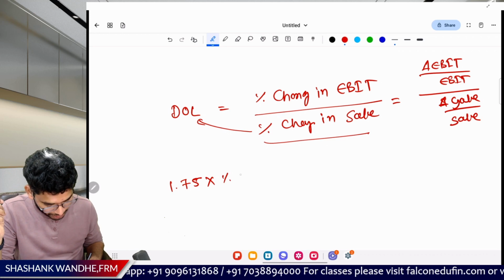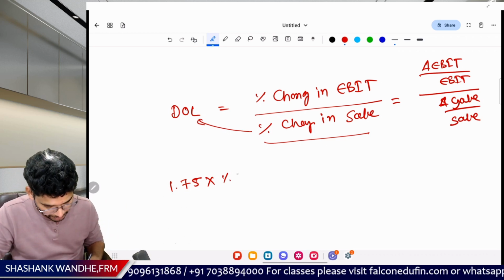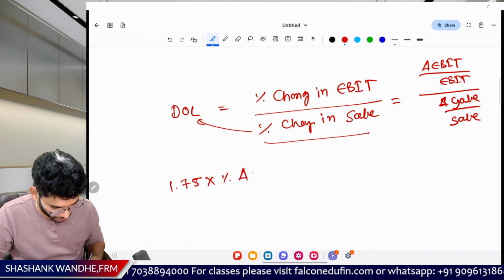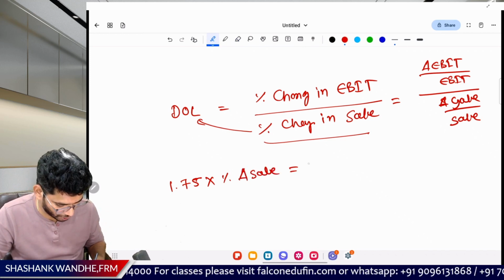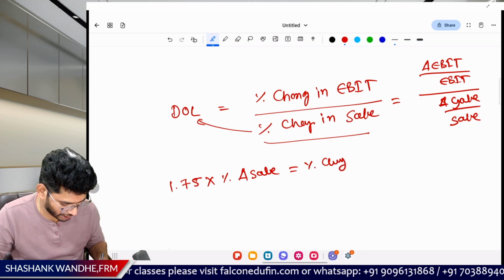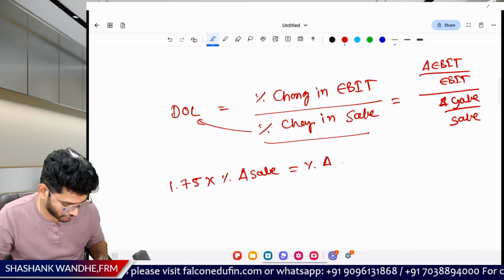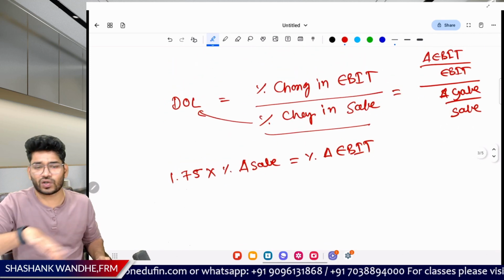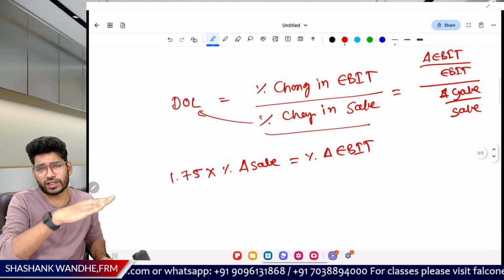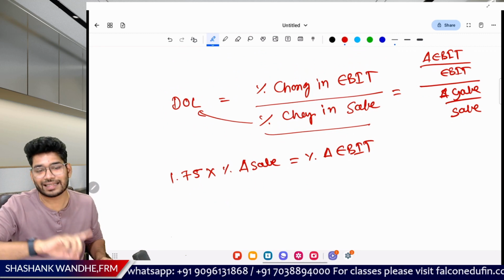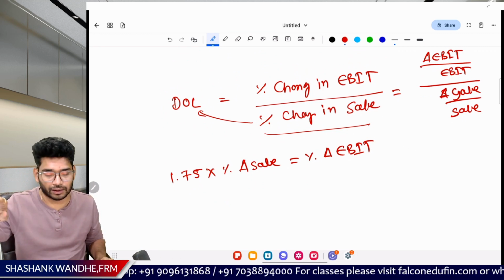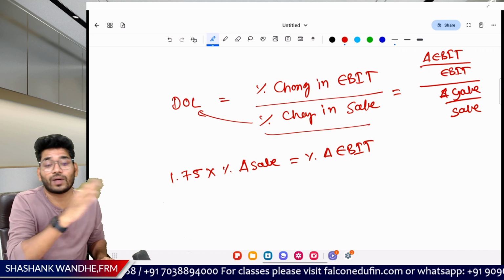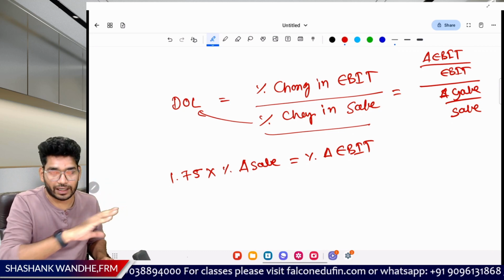I am just restructuring this formula. So DOL is equal to percentage change in EBIT divided by percentage change in sales. I simply took the percentage change in sales to the left hand side. So DOL multiplied by percentage change in sale is equal to percentage change in EBIT.